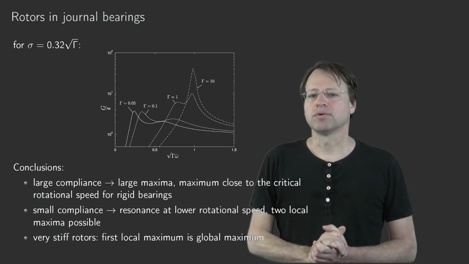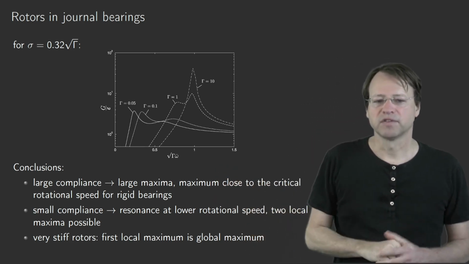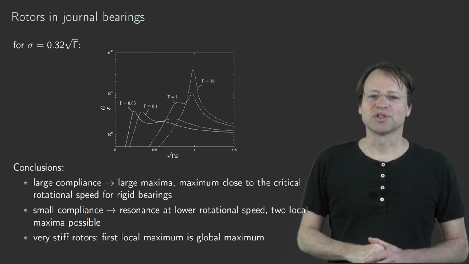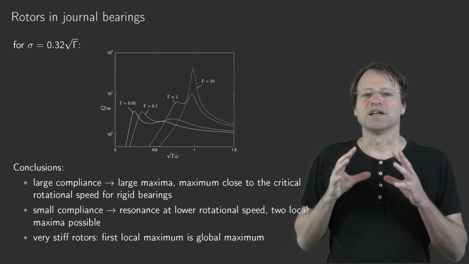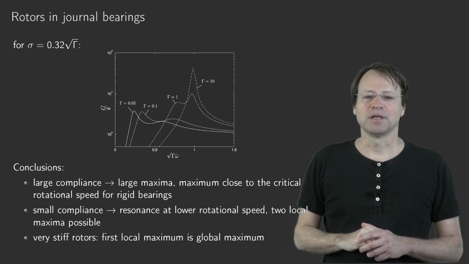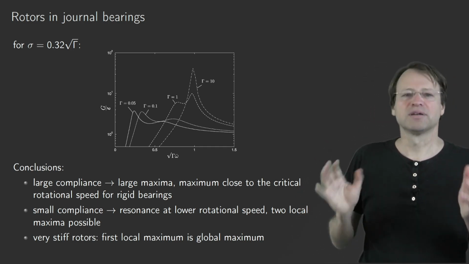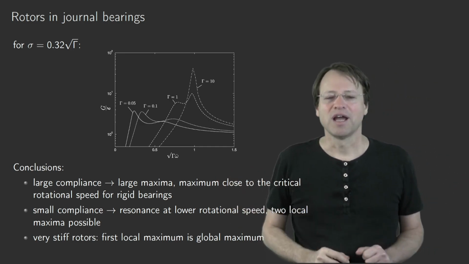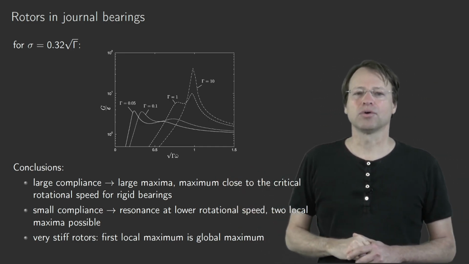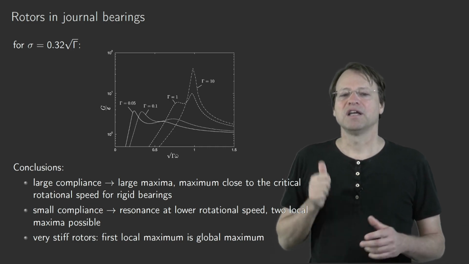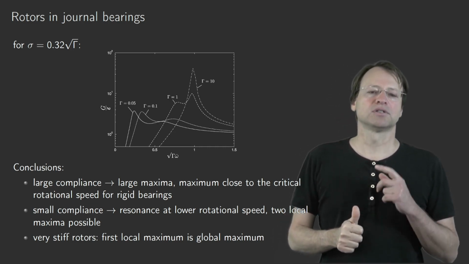Well, that's already everything in a very quick way that I would like to tell you for the Jeffcott rotor in journal bearings. And with this, I would like to close not only one chapter, I would say two chapters, and a very large part of that course on machine dynamics, namely related to journal bearings.